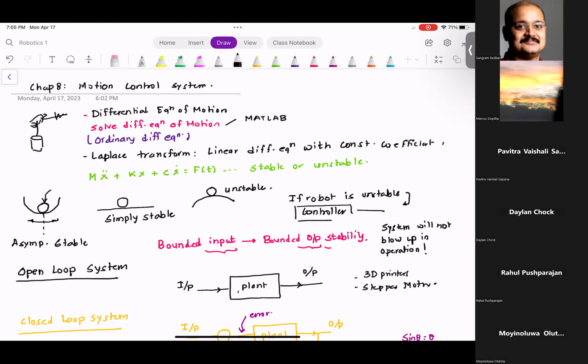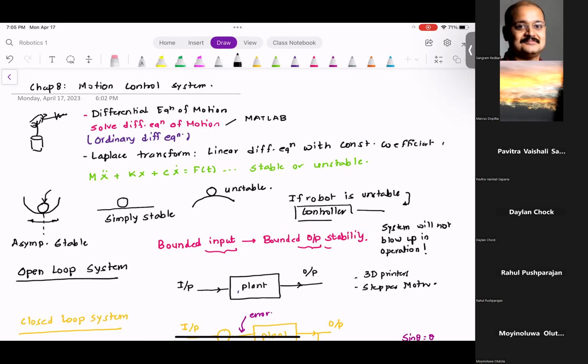Asymptotically stable means even if you disturb it, the robot will go back to its original position. Simply stable means if you disturb it, the robot would assume a new position. Unstable means if you disturb the robot, it will never go back to its original position.